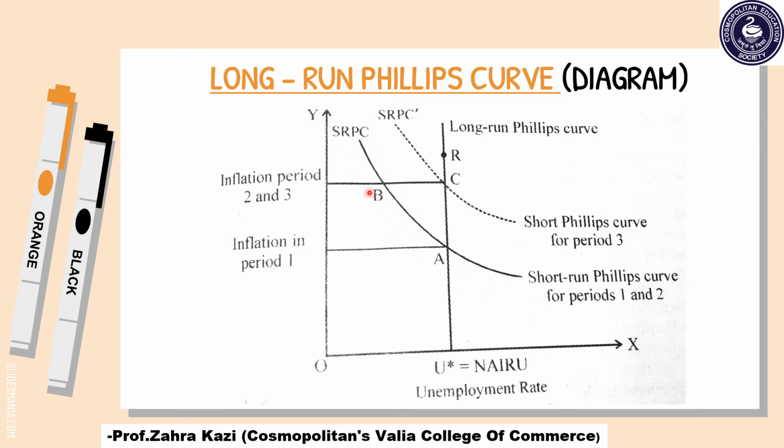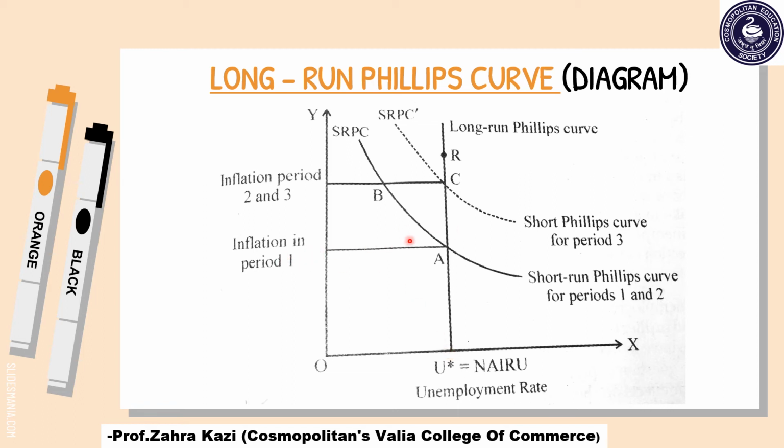So SRPC stands for short run Phillips curve. One is SRPC and the second is SRPC dash. Further, there is also one long run Phillips curve which is shown through the vertical straight line. So let us start the explanation of the diagram.